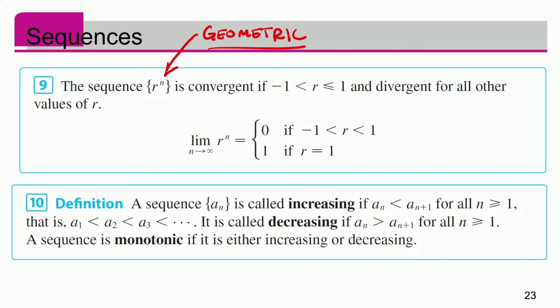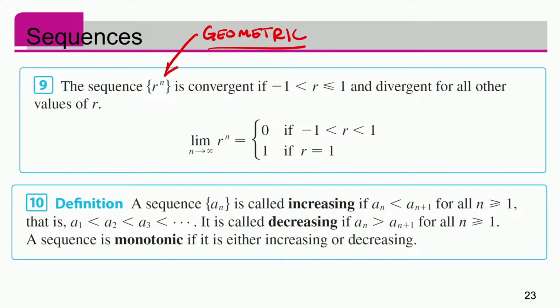A geometric sequence will converge if the common ratio is between -1 and +1, and it diverges otherwise. And so the actual number that you converge to will either be 0 or 1, depending on what the common ratio is. The only time you converge to 1 is if your common ratio is 1.